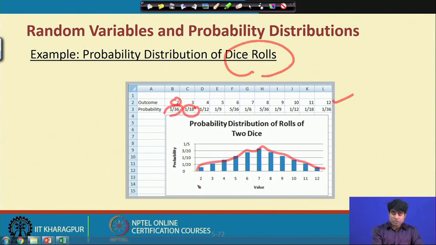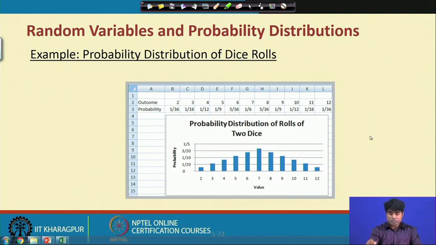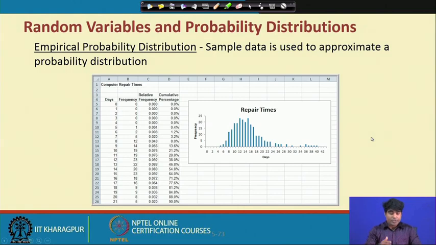The x axis will follow the value, that is the sum of the outcome, and then the chance of occurrence, that is what the probability is all about. So, this is the standard example of probability distribution. Now if you move further, we have already discussed this concept, the computer repair times.